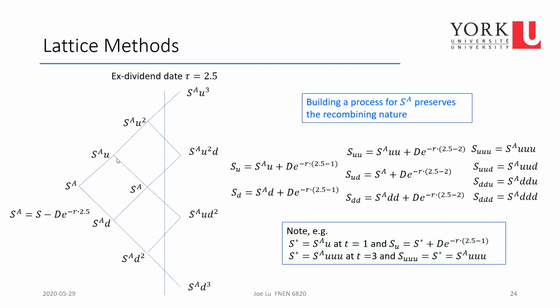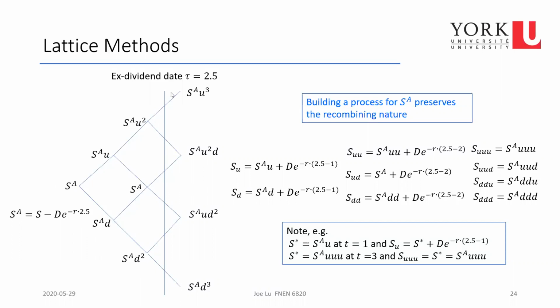Okay, so we're building SA, so this becomes SA times U rather than S times U. And this becomes SA, and this is SA times D. And SA times D then times U becomes SA again. So we have recombining trees here, but they're all multiples of SA.